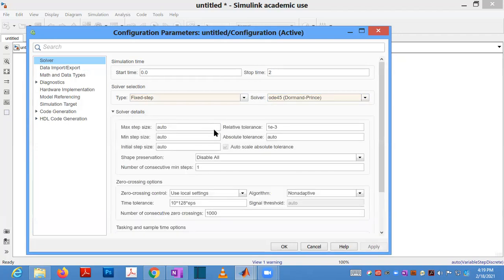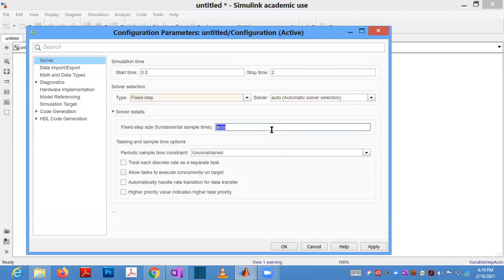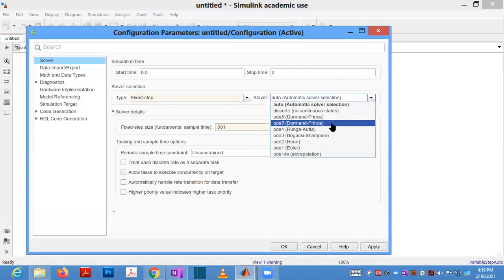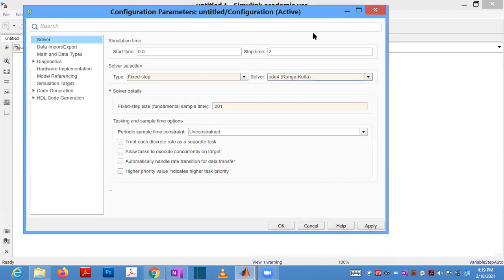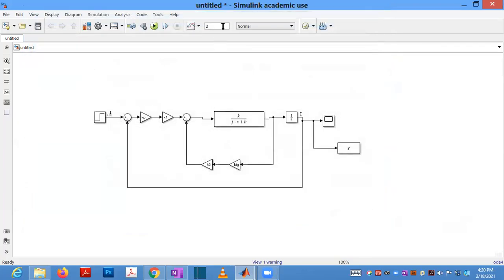The fixed step size is 0.001. Apply, OK. And for the simulation time you give some 10 seconds.